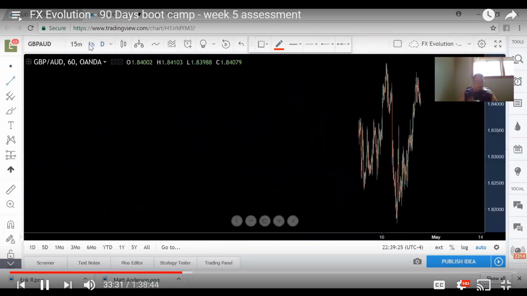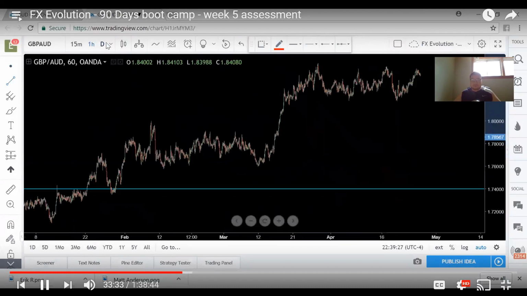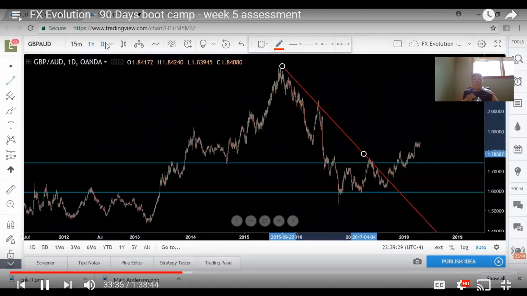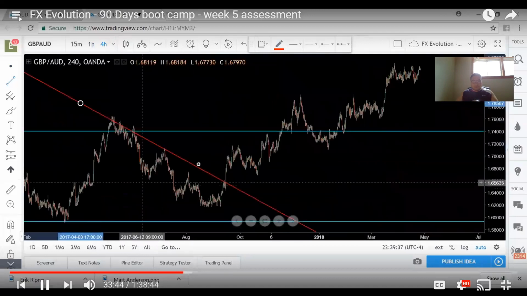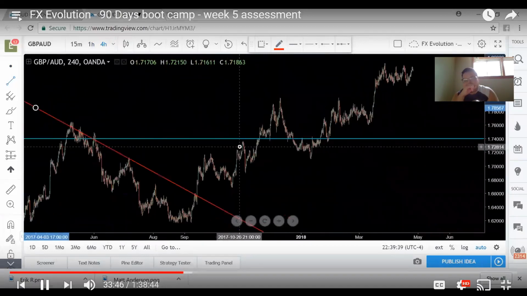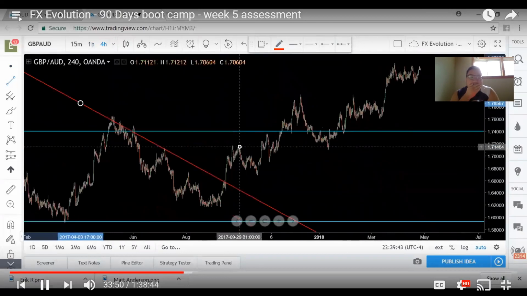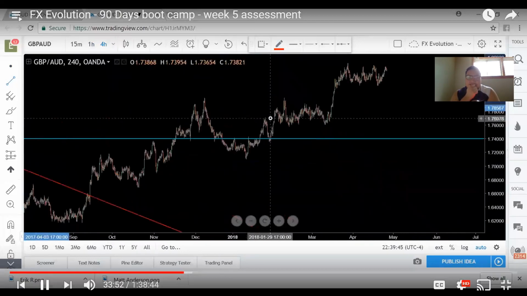So go to 4 hour, and mark off two price levels above market and two price lows below market. Go to 4 hour? Yep. There you go. You're going to mark off support and resistance below and above market price, two of each.